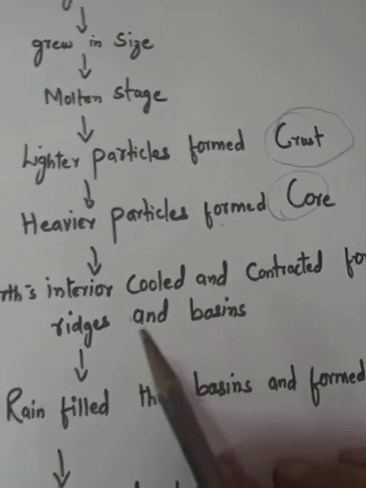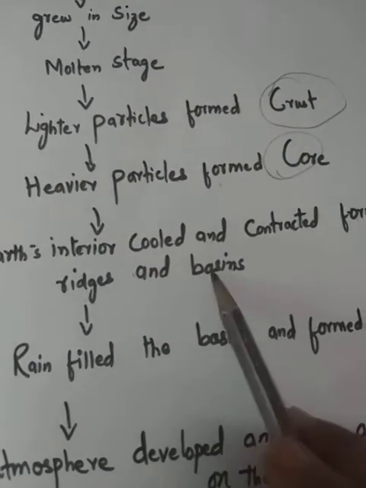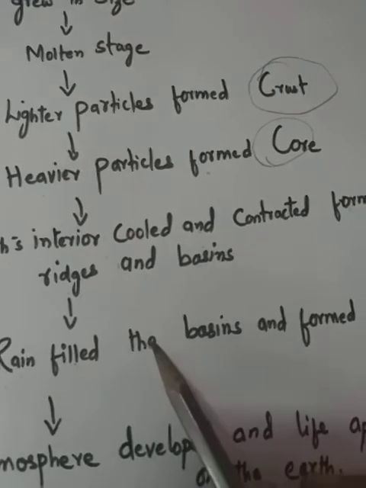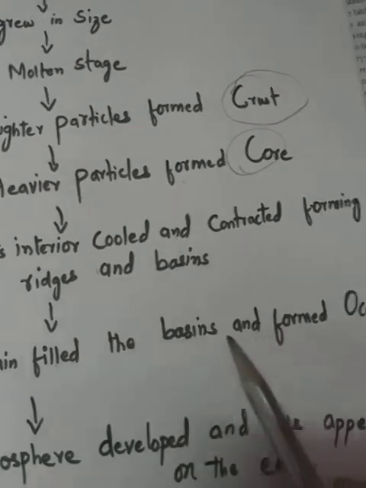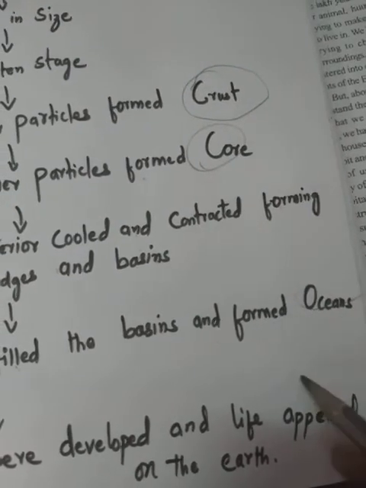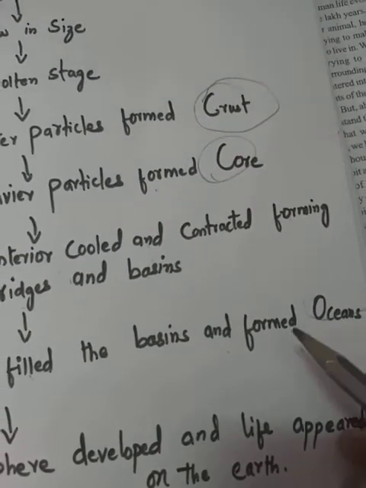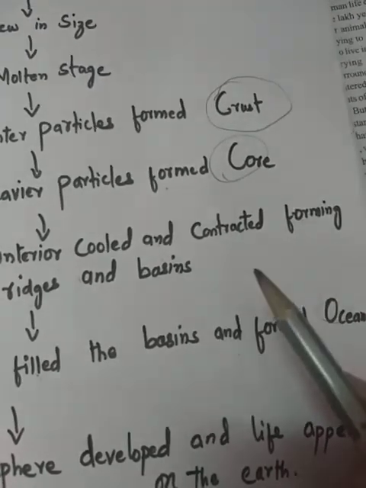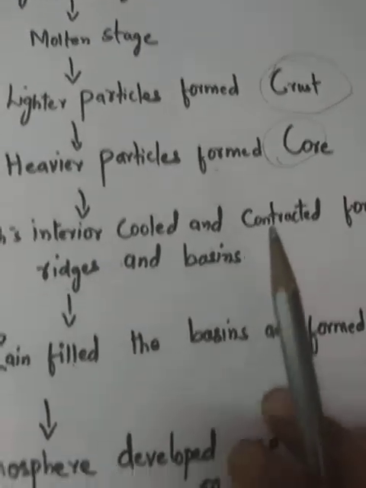After that, what happened? In these basins, rain filled the basins and formed oceans. Now, oceans are there: Pacific Ocean, Antarctic Ocean, Indian Ocean. Okay, the oceans were formed. After that, what happened?